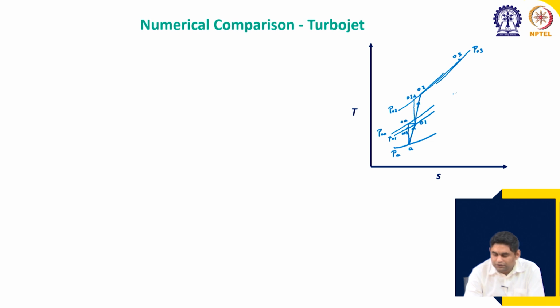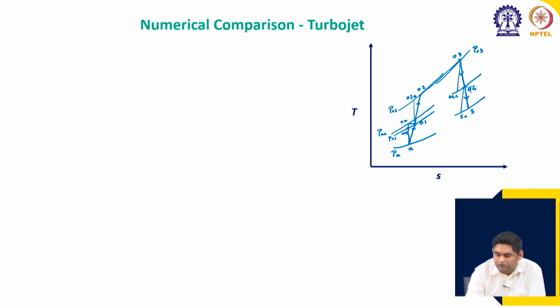Then we have expansion in the turbine from 03 to 04, this will be 04s, and then expansion in the nozzle from 04 to 5, this will be 5s.